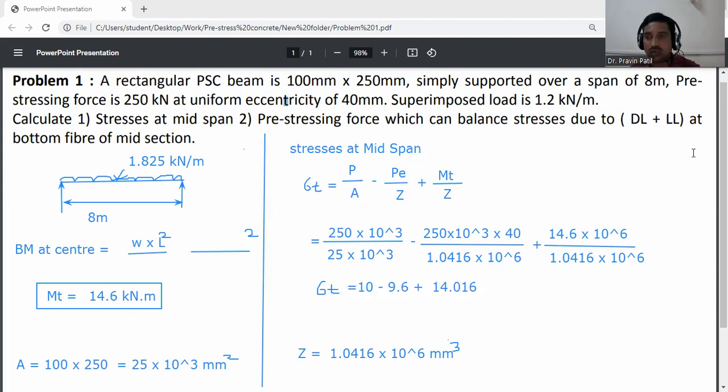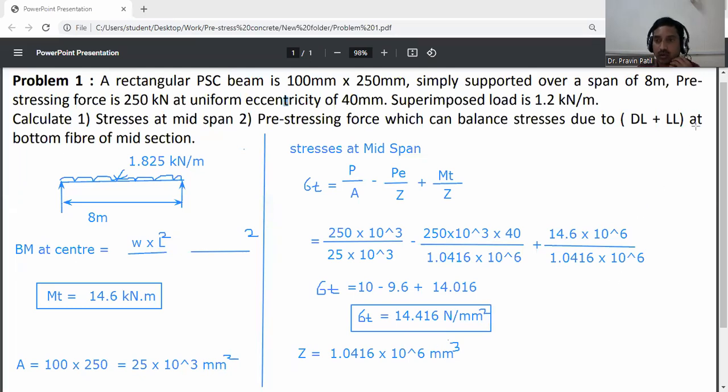So the stress at top, sigma T, is 10 minus 9.6 plus 14.016, which is 14.416 Newton per mm square, or MPa.